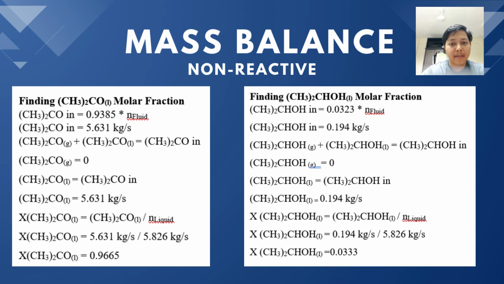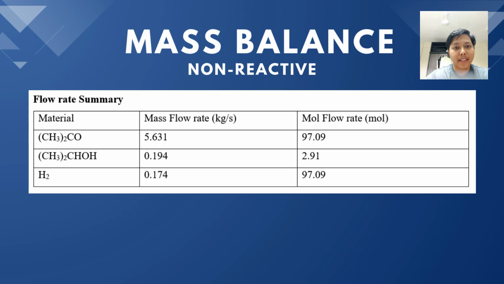Next, we need to find the acetone input first, and then we can find the product in the liquid. This goes the same as the isopropanol. So this is the summary for the whole non-reactive mass balance.